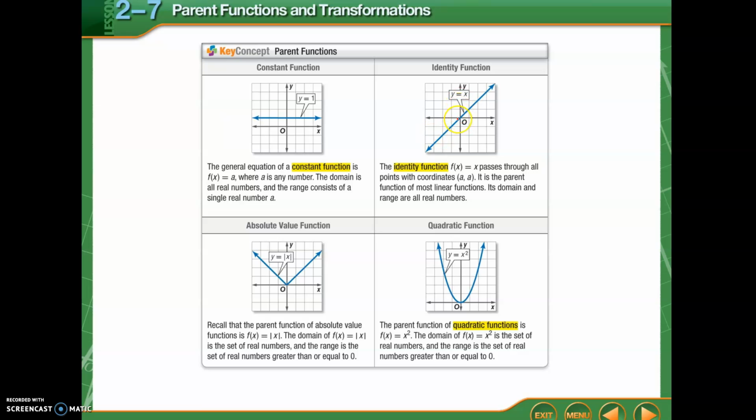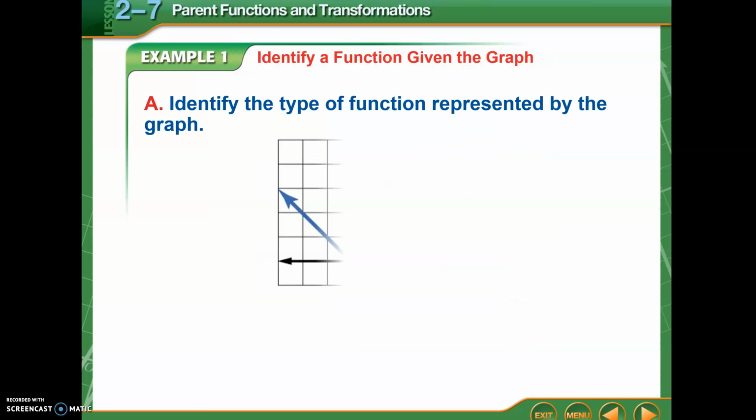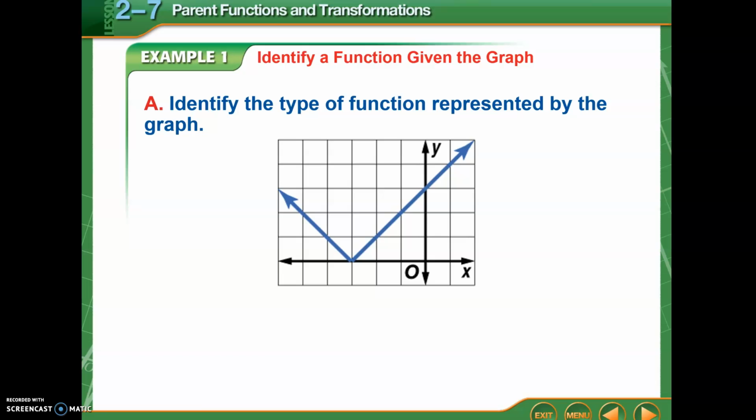The identity function starts at 0, goes up 1 over 1, up 1 over 1. The absolute value function we saw was a V, and the quadratic function is x squared, and it's a U shape. So the first thing we do is identify what type of function it is. Since it has that V shape, you should be thinking absolute value.